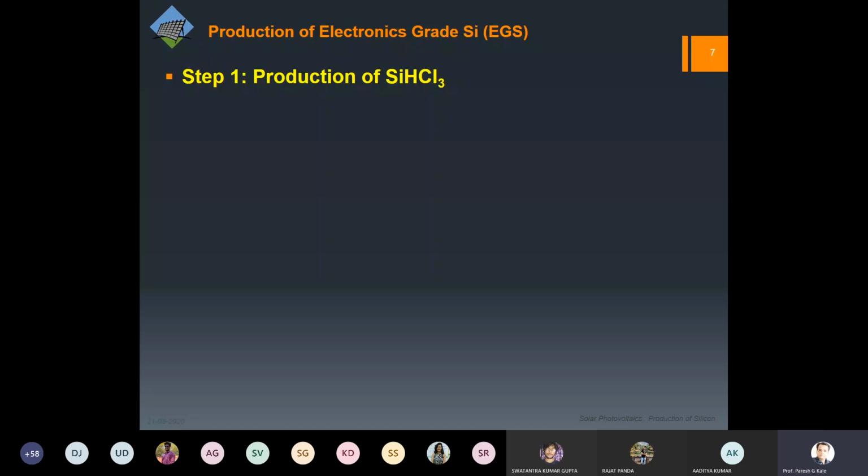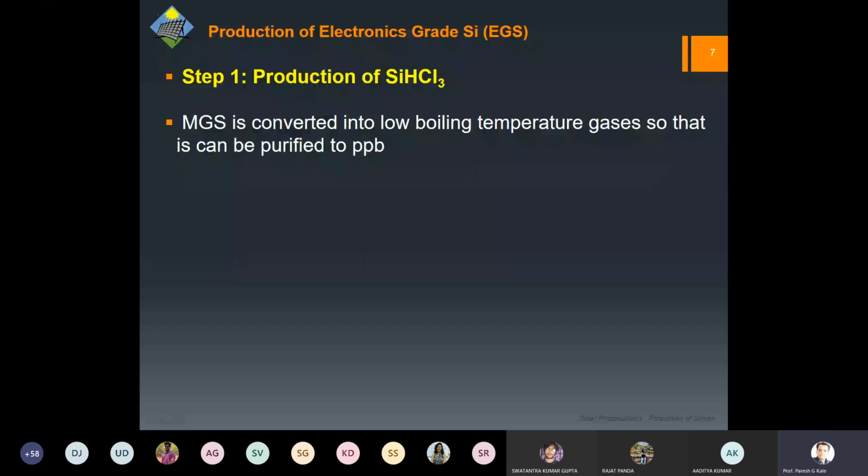wafer. So step 1 is production of trichlorosilane, that is SiHCl3. So this MGS, whatever we get, is converted into a low boiling temperature gas, so that it can be purified to a level of parts per billion, that is ppb. So that itself will have 99.96.